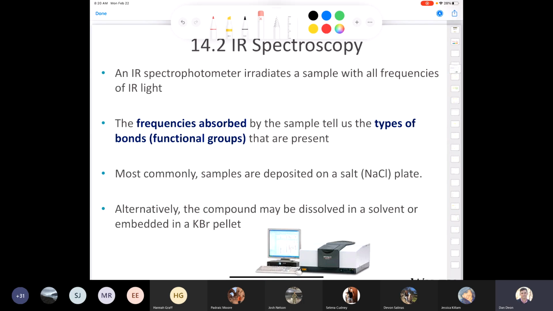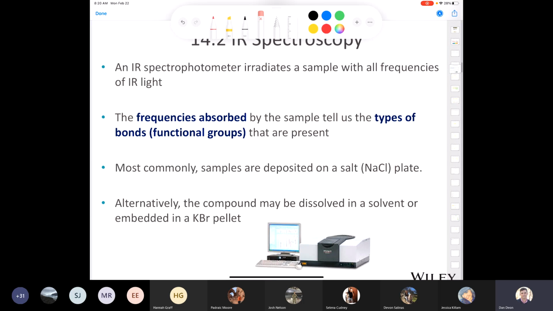I'm going to skip the whole part about the spectrometer. You can read about that in our textbook, and also about sample preparation. The reason I'm going to skip the part about the salt plates or the KBr pellet or whatever is that it's not that people don't use those anymore, but they're not used nearly as much as they were a few years ago.